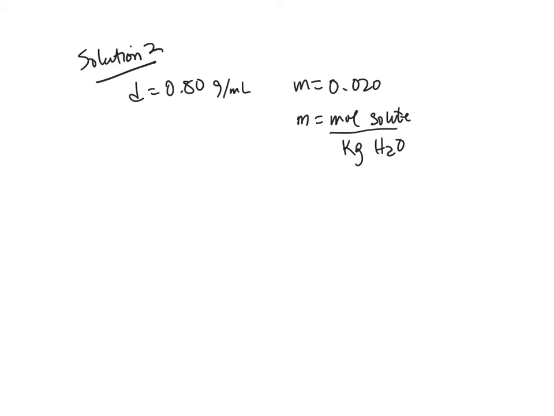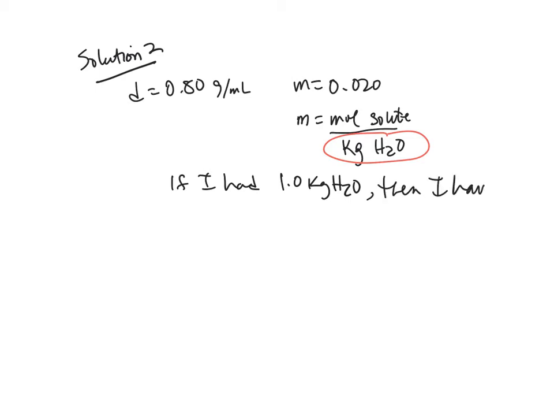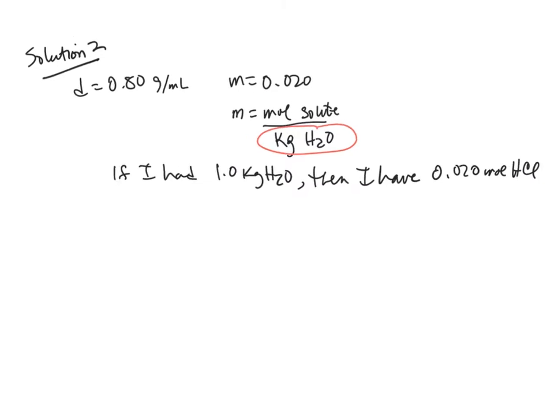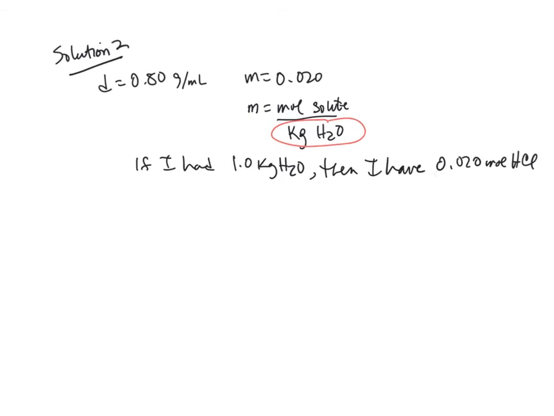So again, second time I showed this to you, I look at the denominator and say, okay, what if I had one of those? So if I had 1 kilogram of water, then I have 0.02 moles HCl. That pretty much solves the problem there. All right, now, if you use the density, let's see where we're going with this now.